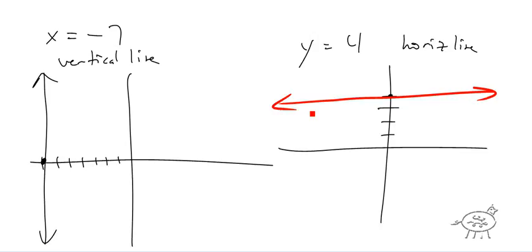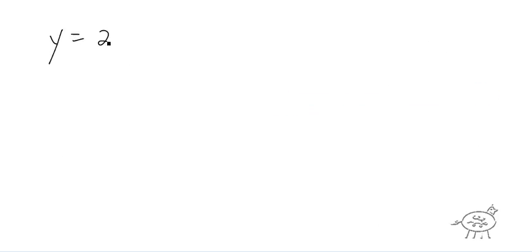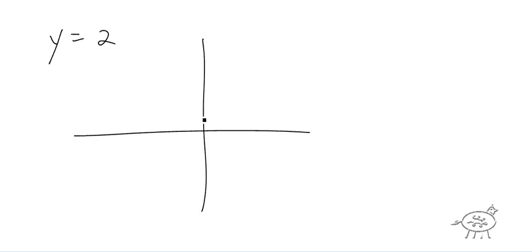All right, please don't get that confused. This is a common mistake, and I'm going to show it to you. Okay, I get something like y equals 2, and kids do this. They go 2 here, and then they draw it like this. Okay, that doesn't make sense, guys. This is an x equals.